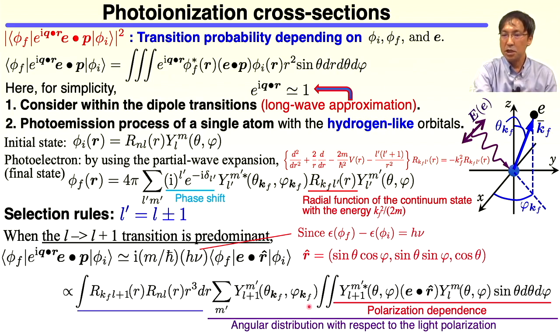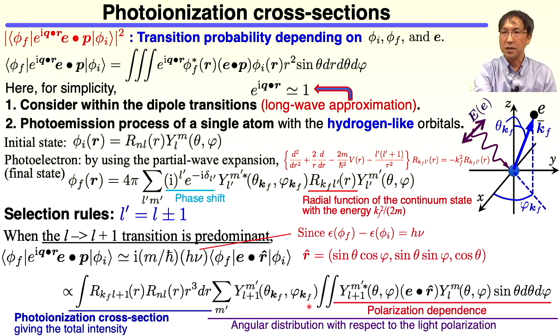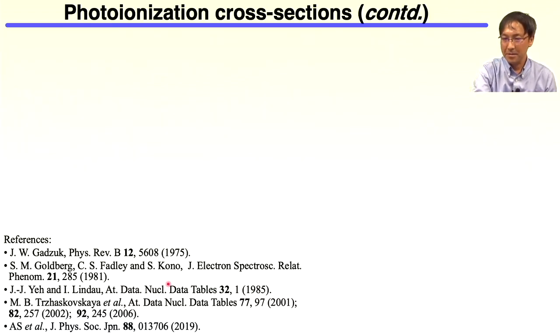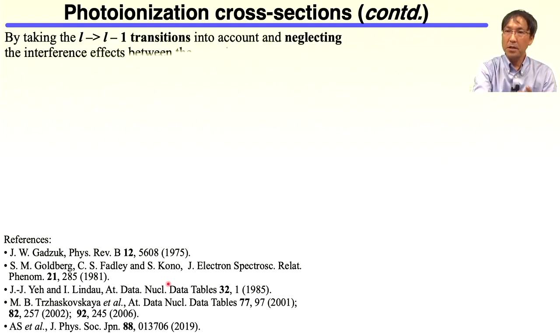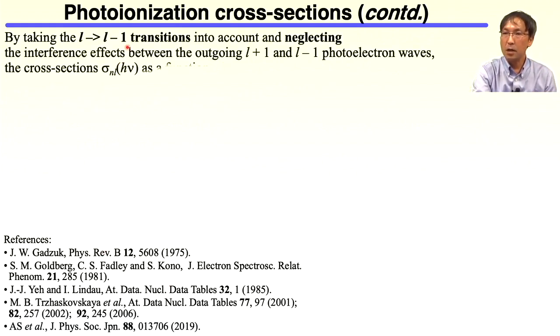And this part gives the photoionization cross-section related to the angle-integrated spectral intensity.